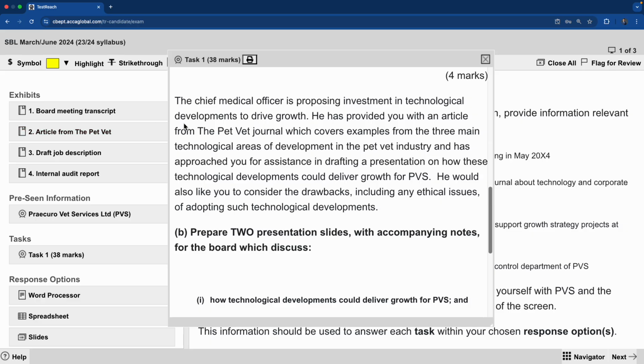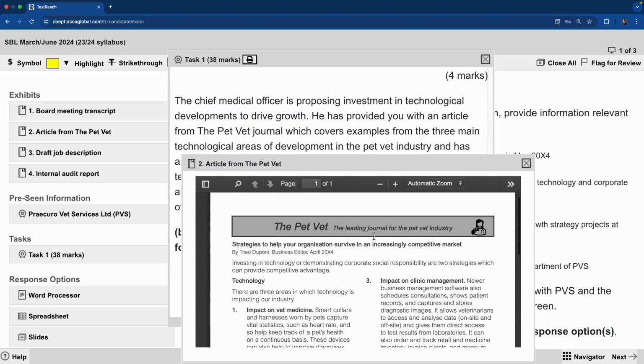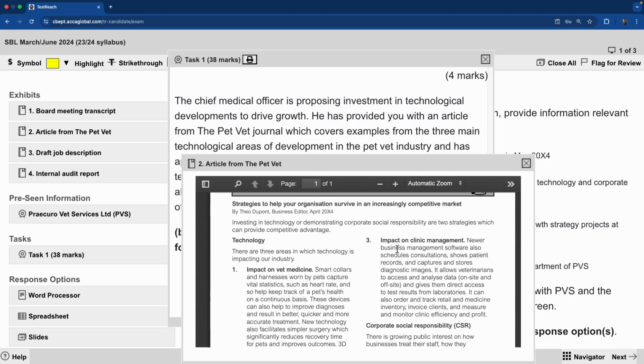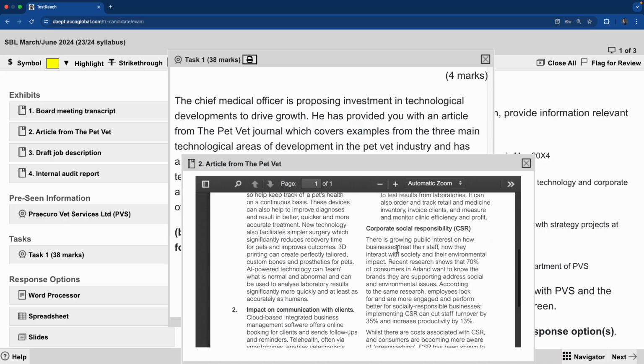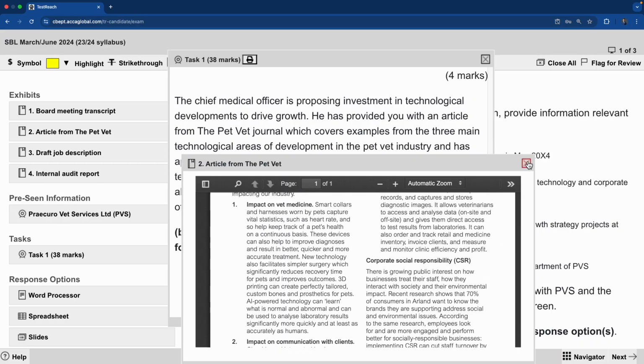JV Medical is proposing investment in new technology. It has provided you the article with PetVet. So you can see a PetVet article coming out. Technology. Okay, these are the things that you can see. There is impact on communication, impact on medicine, and so forth, and CSR.